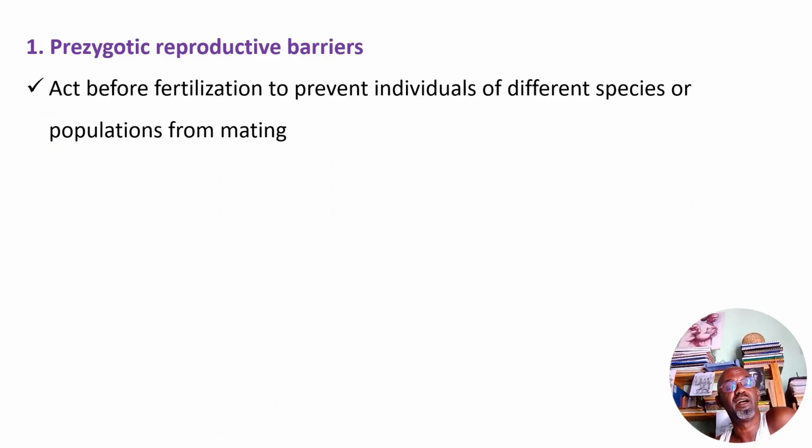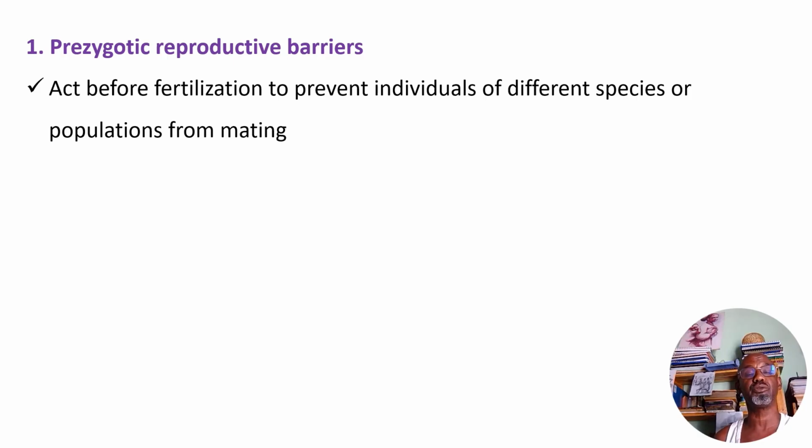You see, a population is split into two or more. They developed their own adaptations in their own environments. They have developed their own gene pools, which are different from each other. Now, if you bring them to live in the same geography, they have already developed reproductive isolating mechanisms.